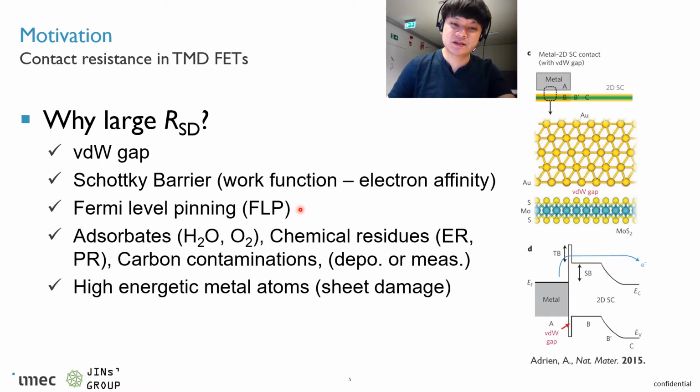The third is the Fermi level pinning effect, and also water or oxygen, chemical residues, and carbon contamination when we use deposition or measuring, or finally, high energetic metal atoms that can damage the sheet. So it can make a large contact resistance between the metal and the 2D materials.